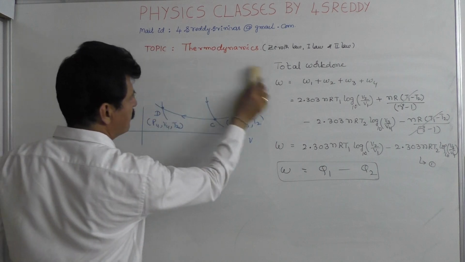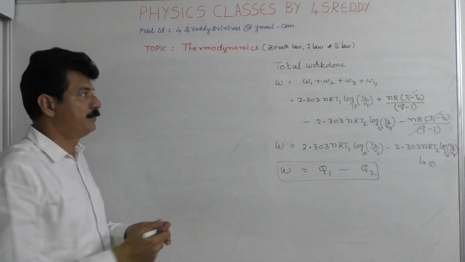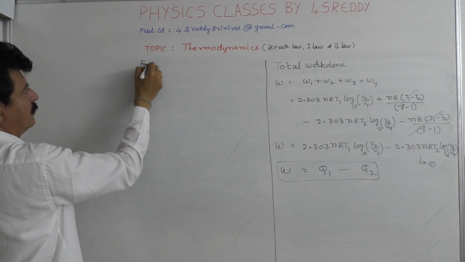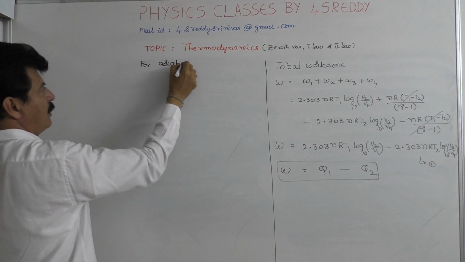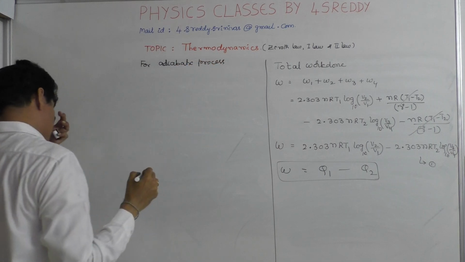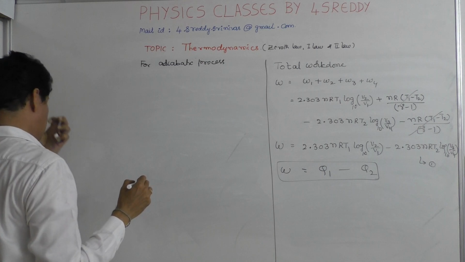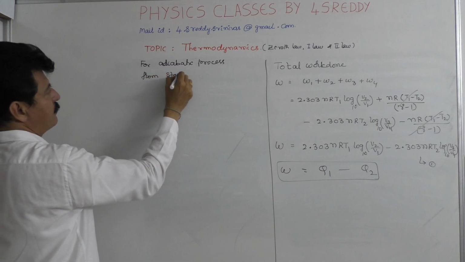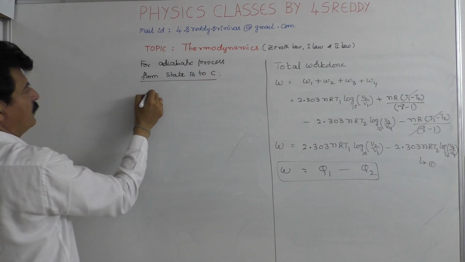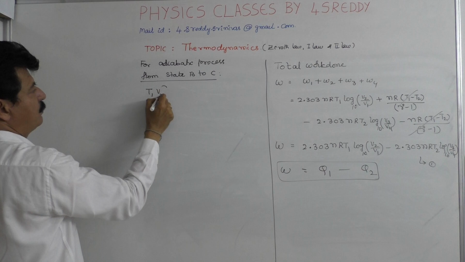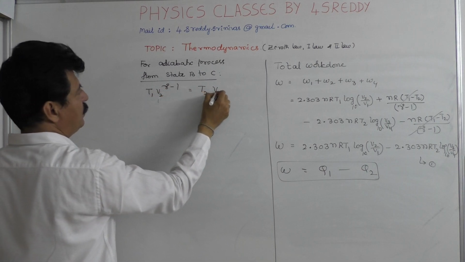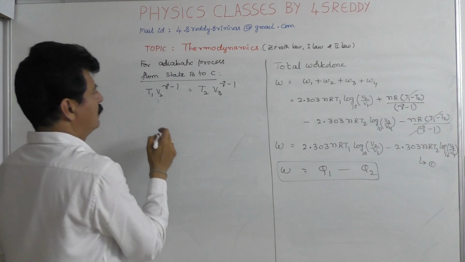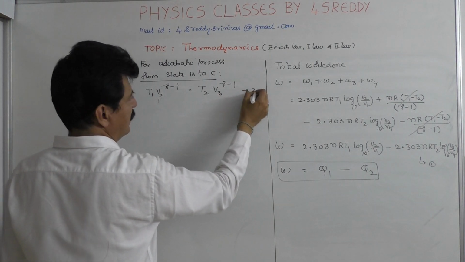Once you got this one, the remaining we can easily do. For the adiabatic process from state B to state C, T1 V2 power gamma minus 1 is equal to T2 V3 power gamma minus 1. This is equation 2.